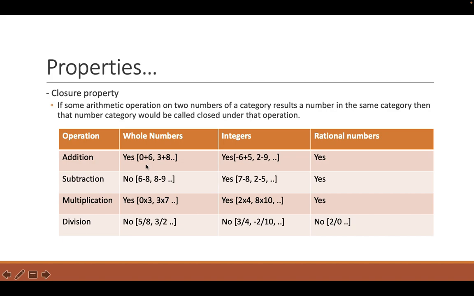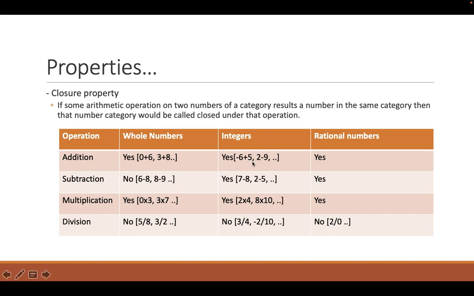Does addition on whole numbers satisfy the closure property? 0 plus 6, 3 plus 8, it again falls in a whole number. So the answer is yes, whole numbers addition operation satisfies the closure property.